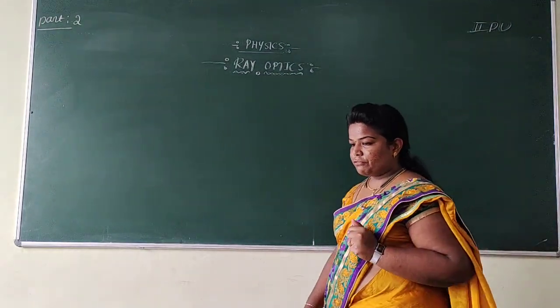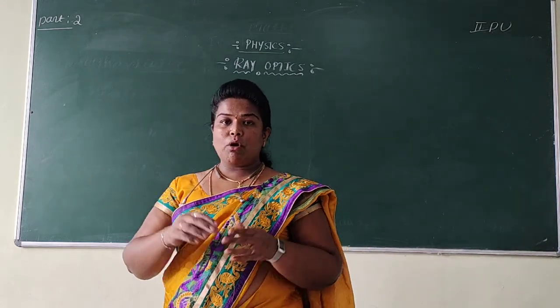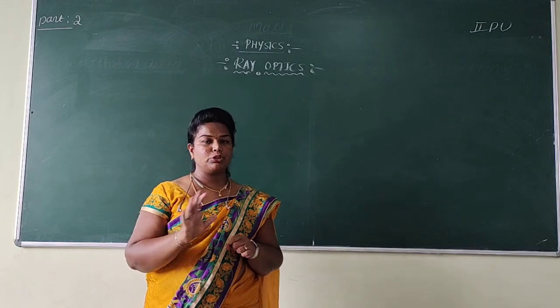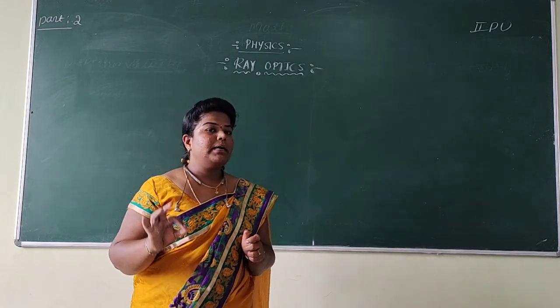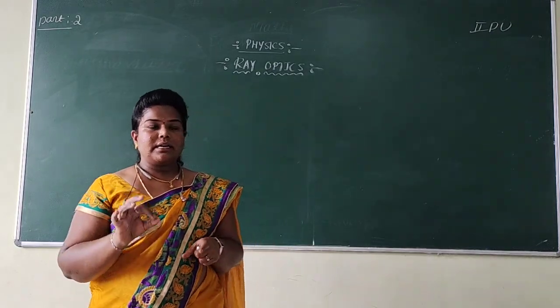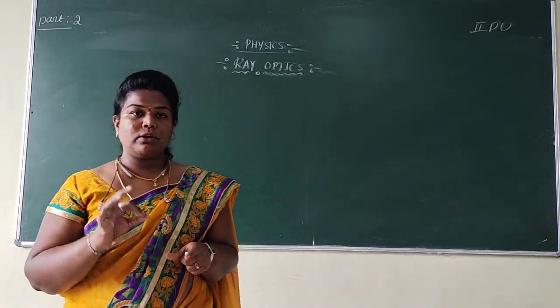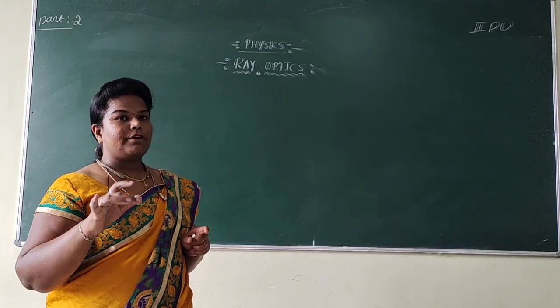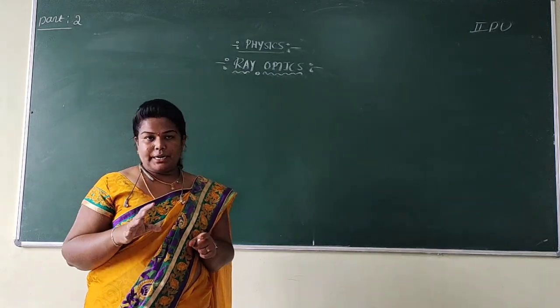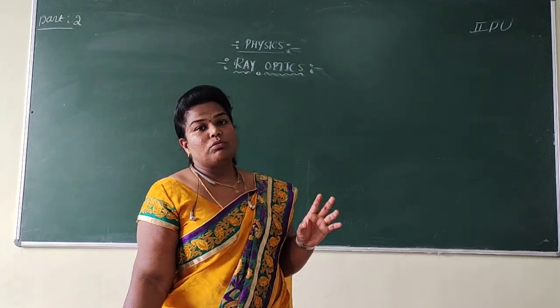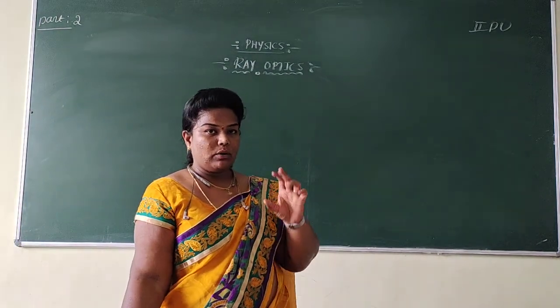But in that PDF, I highlighted some of the text with a yellow color box. That you should not write. Please keep in mind that what is highlighted in yellow should not be written in the notes, because those are concepts which have been deleted for this year. But they are useful for your NEET and competitive examinations. So just don't write those concepts which I have highlighted with yellow color, right?